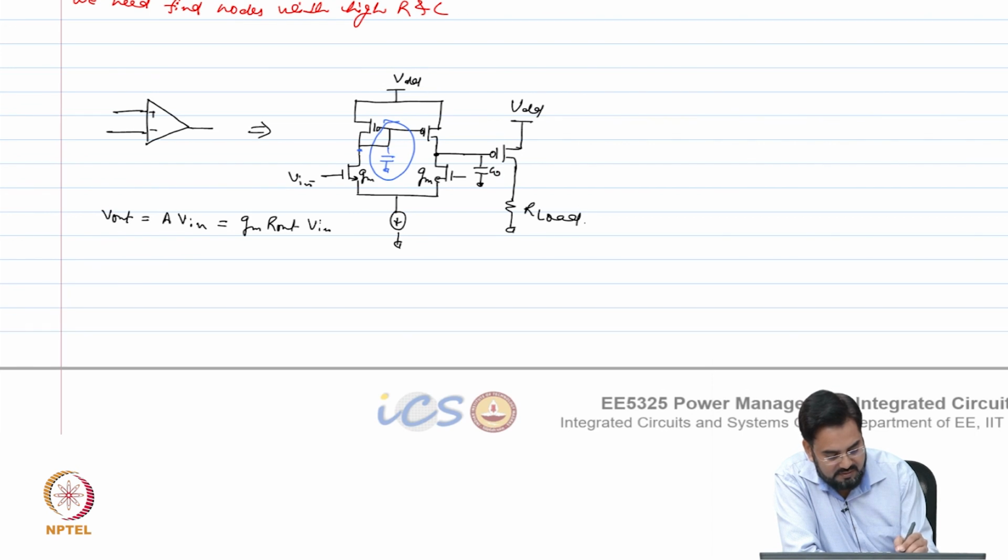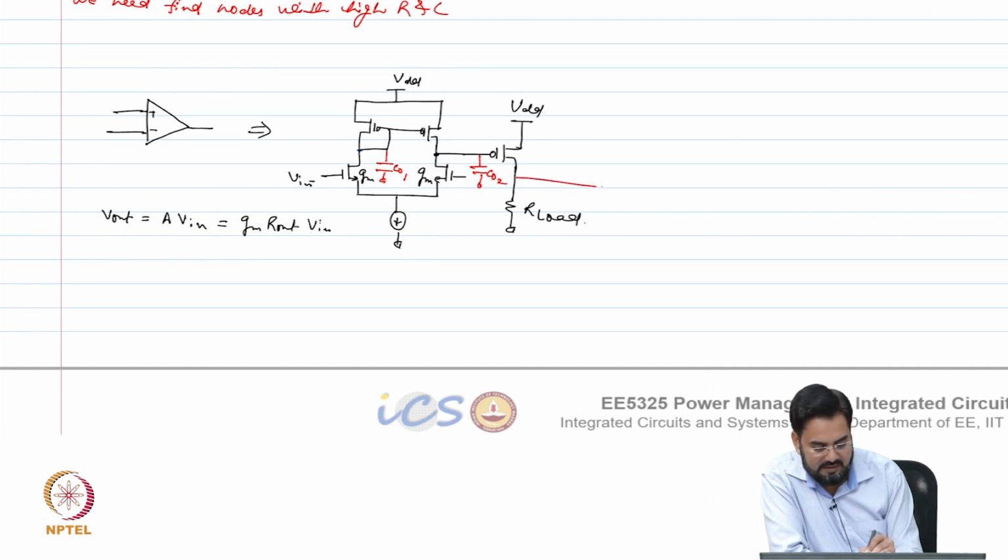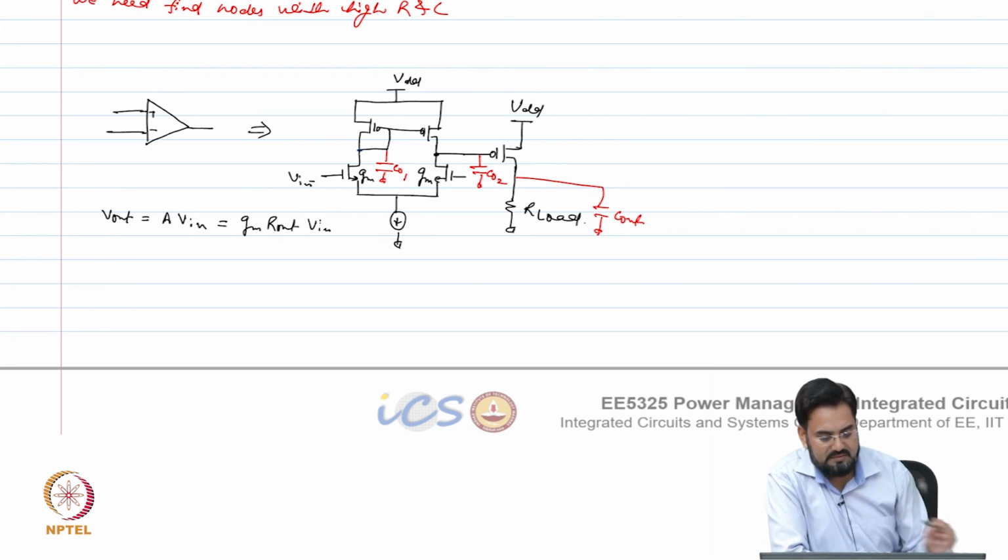okay, let me change the color for this also. CO1, CO2, and then I have another cap which is your C out.